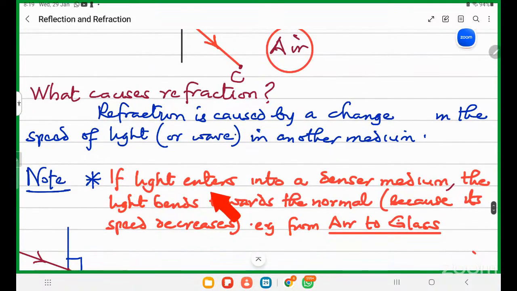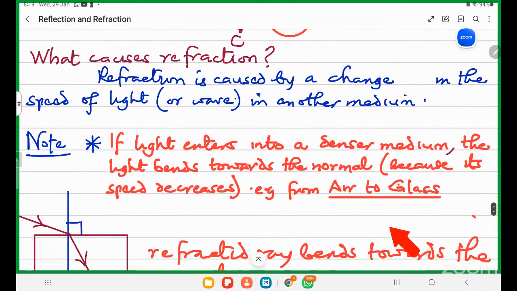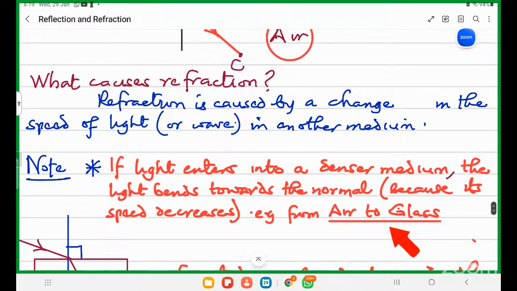If light enters into a denser medium, a medium that is a bit heavier, the light bends toward the normal because speed decreases from air to glass. Now, between air and glass, which one is denser? Glass tends to be denser than air.